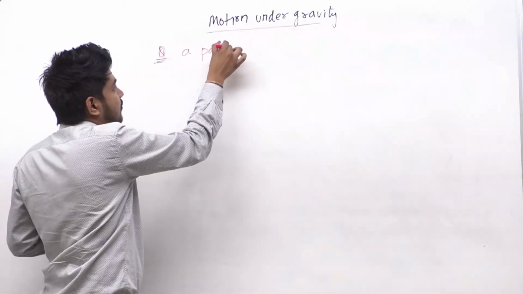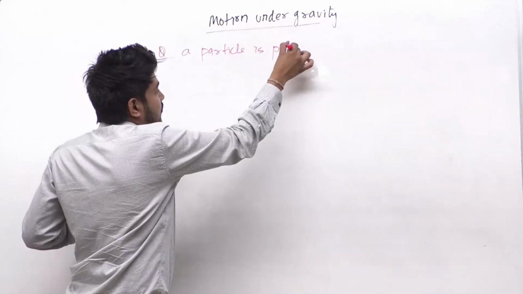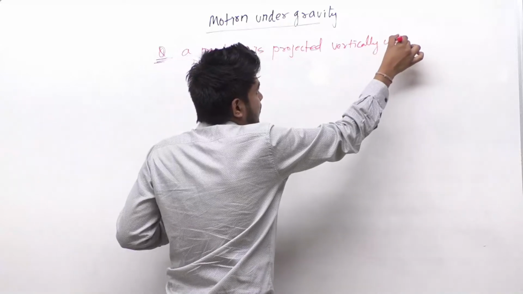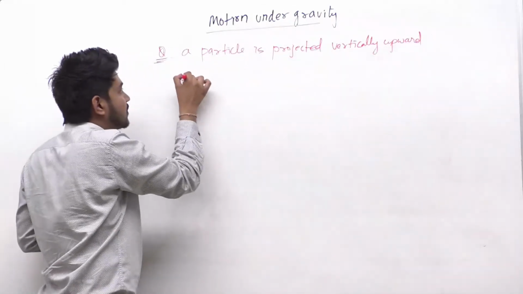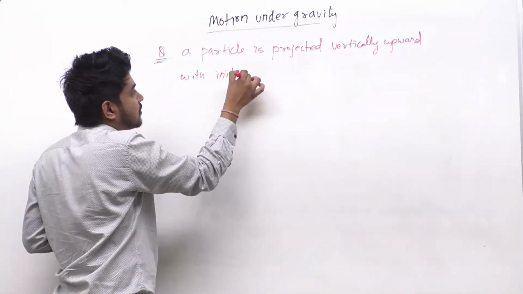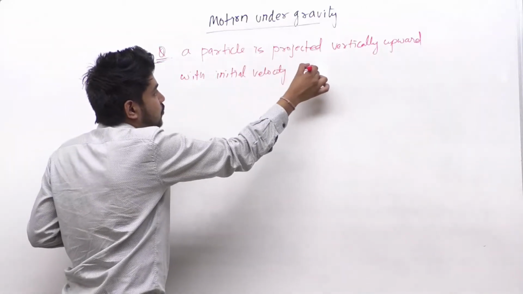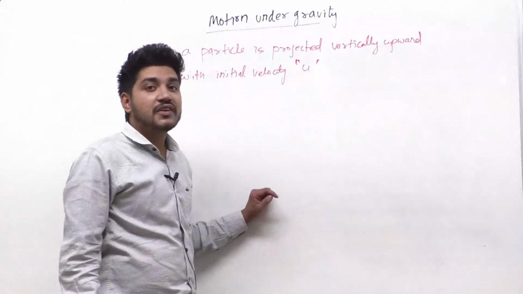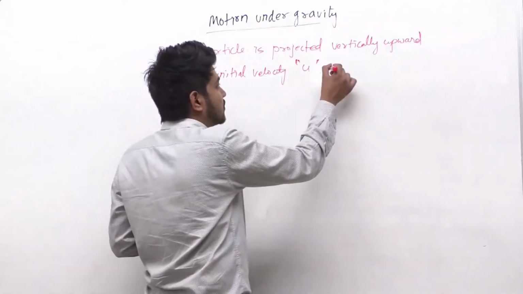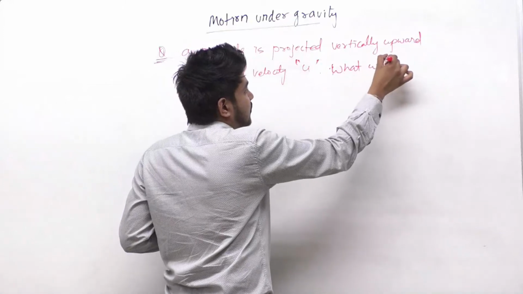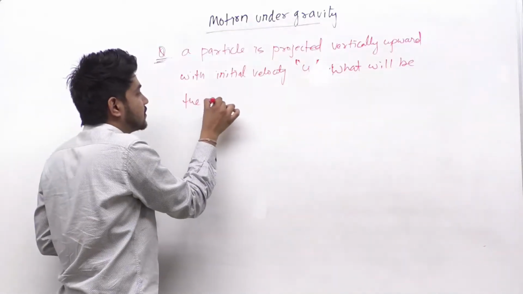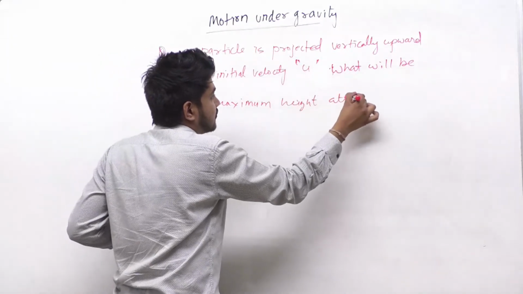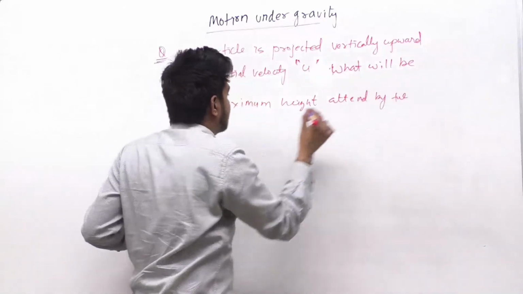A particle is projected vertically upward with initial velocity u, and so the very first question is, what will be the maximum height attained by the particle?